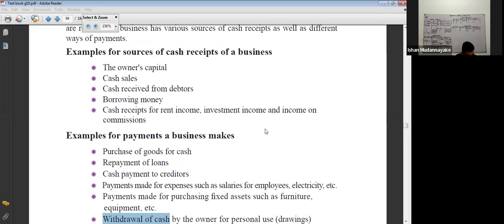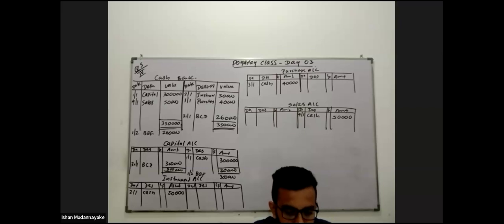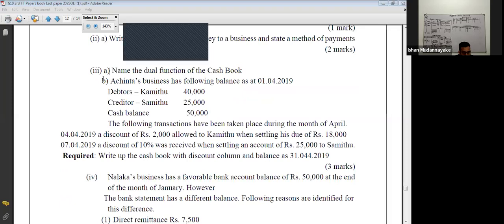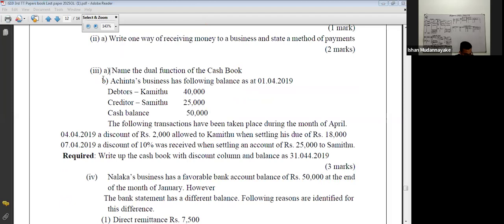Look at the next question. Sir, for the way, can we also say bank deposit? We can get direct remittances, okay. But bank deposit means one of the source of outflowing cash from the business.